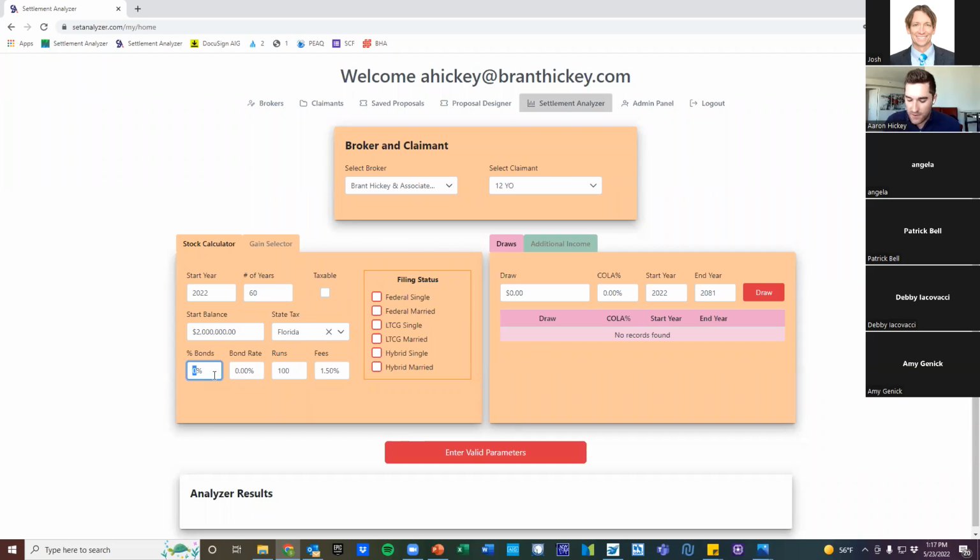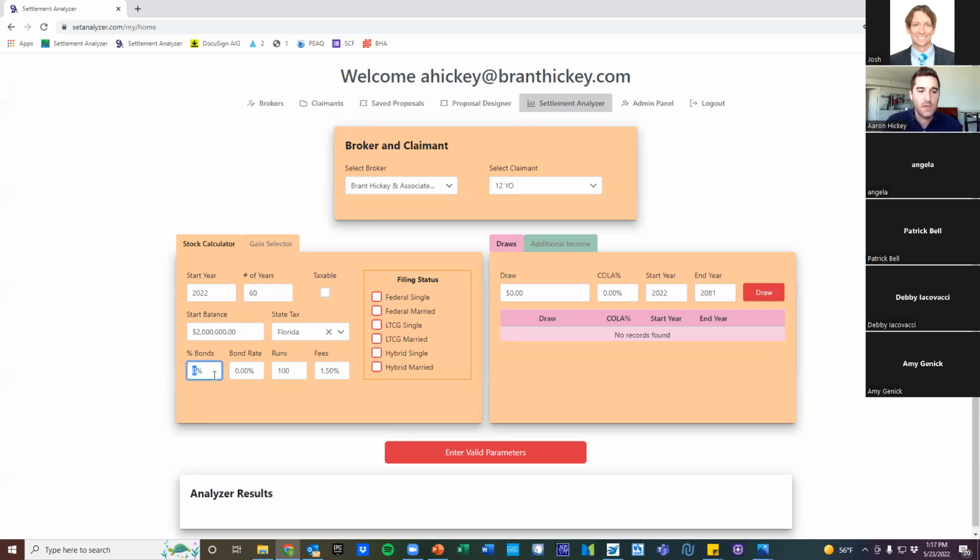So for Settlement Analyzer, right now, the way that our stock piece works is it's connected to the S&P 500 index, plus reinvested dividends. Most stocks can give you a dividend, you can reinvest that, so it actually makes your gain 1 to 3% higher on any given year. So that is built into the back end.